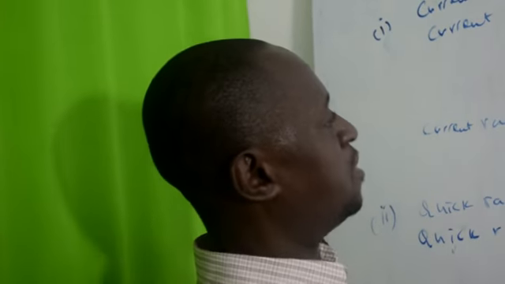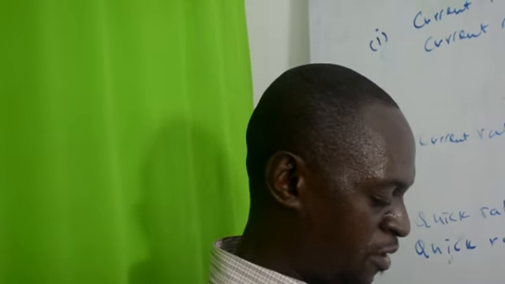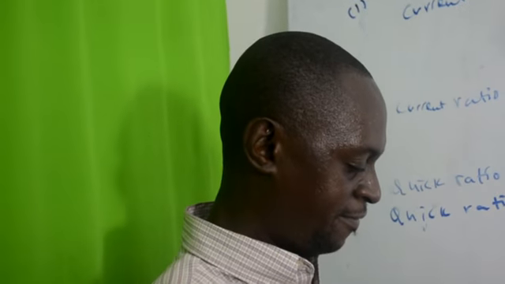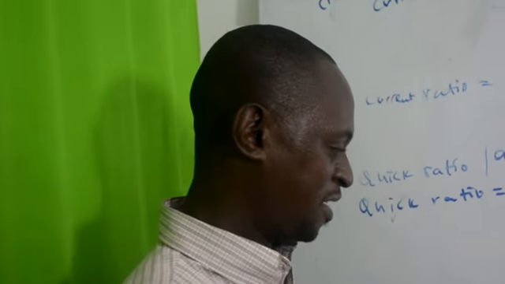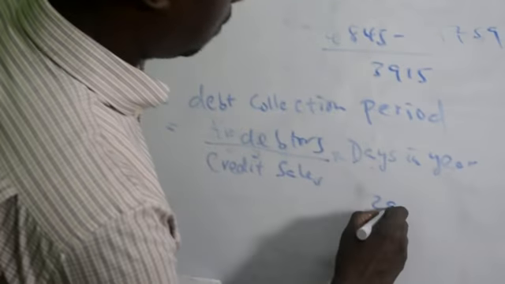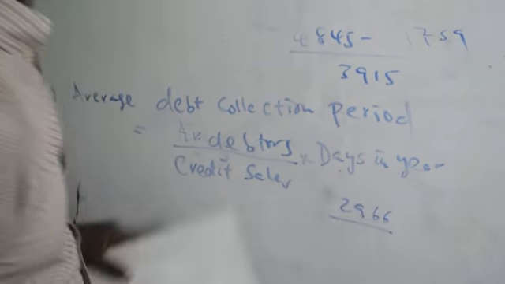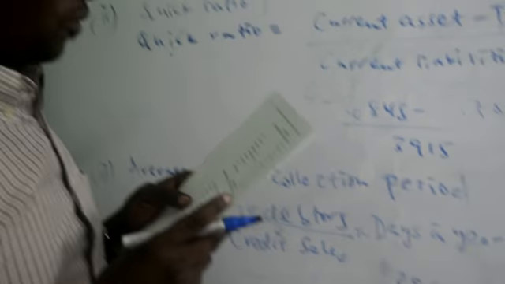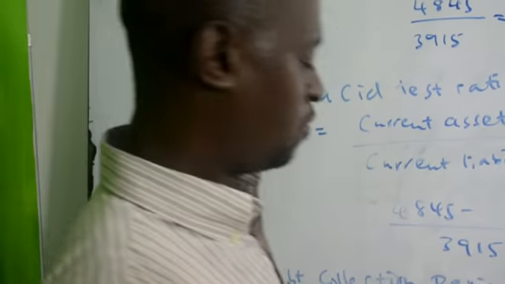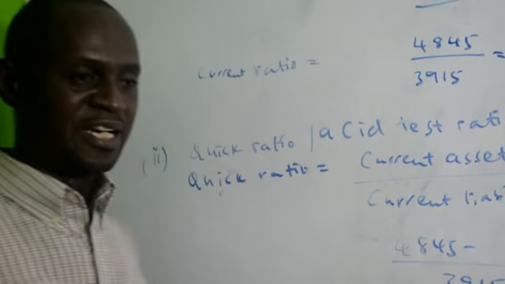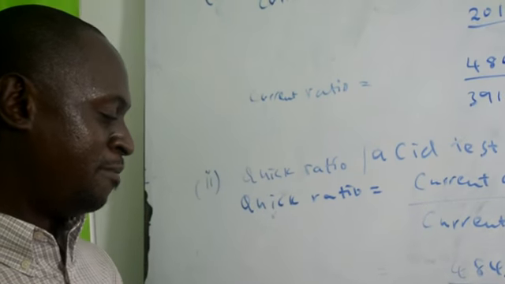Now, for the year 2012, we have accounts receivable as 2966 divided by. Now in this question, we've not been given the proportion of sales which were on credit. That is another thing which you have to have in mind.